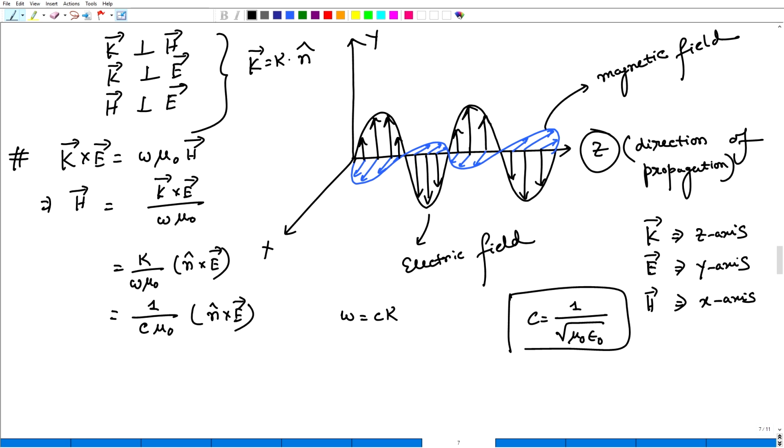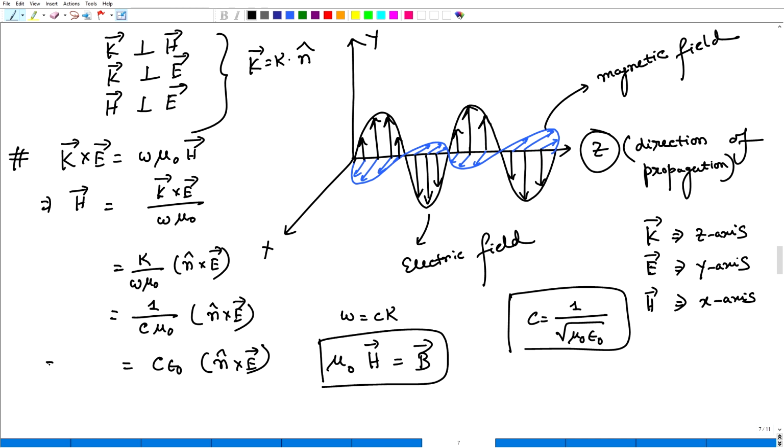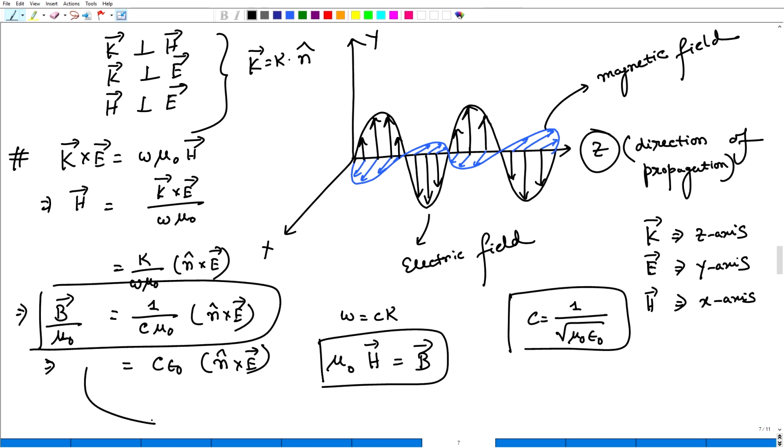So, from here we can write that it is also equal to c epsilon naught n times E, and again mu naught H equals B. So, this equation essentially leads to the magnetic field B being equal to the cross product of n and E.